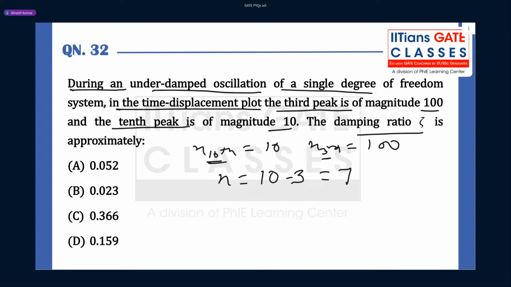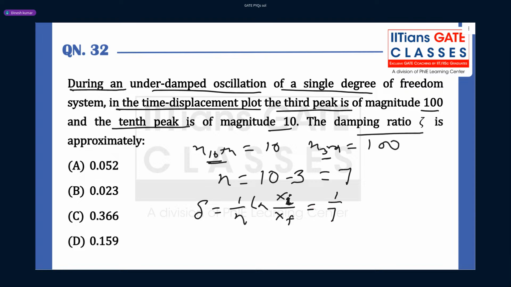And we know the logarithmic decrement delta is given by 1 by n ln of x initial upon x final. So x initial here is the third and final is the tenth.